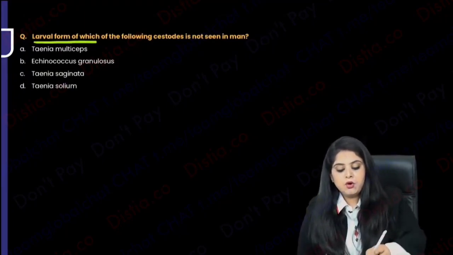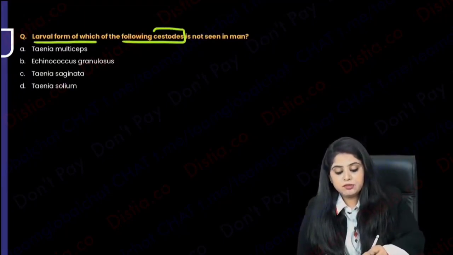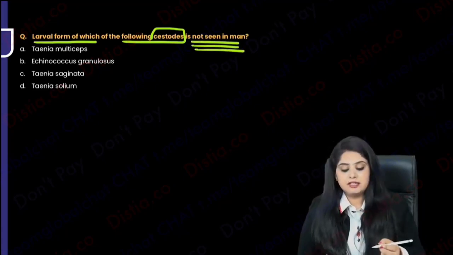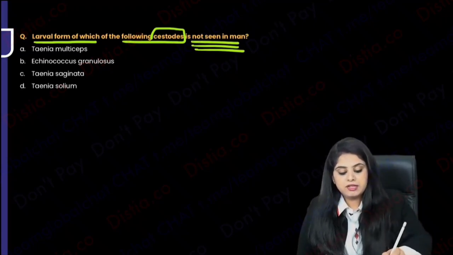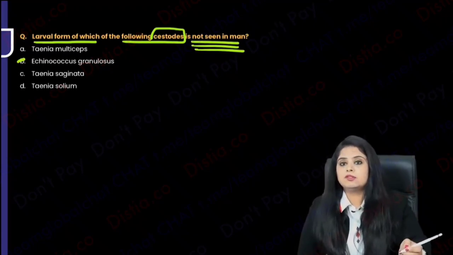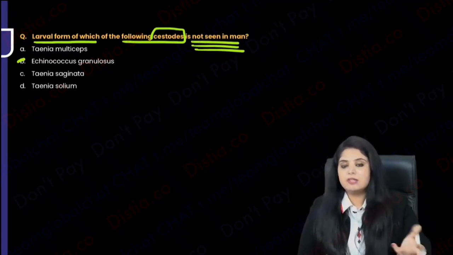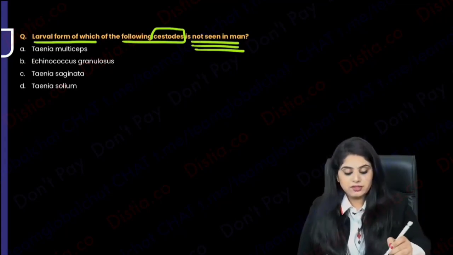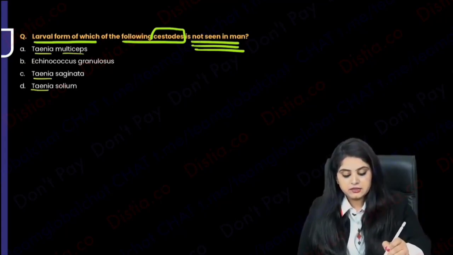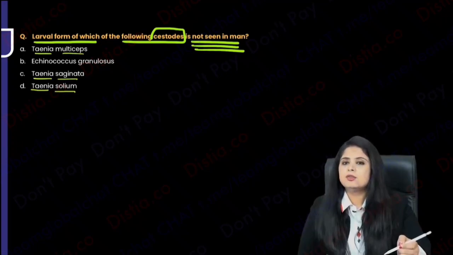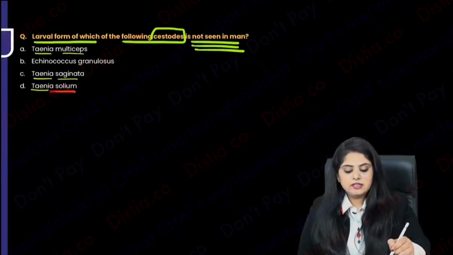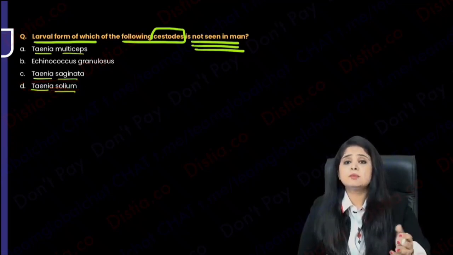The larval form of which of the following cestodes is not seen in man? First and foremost, you will say Echinococcus granulosus is the dog tapeworm, so once it comes into us, the egg is going to come into us. Then I have Taenias mentioned: Taenia saginata, Taenia solium, Taenia multiceps. Did I tell you that Taenia solium was everything?